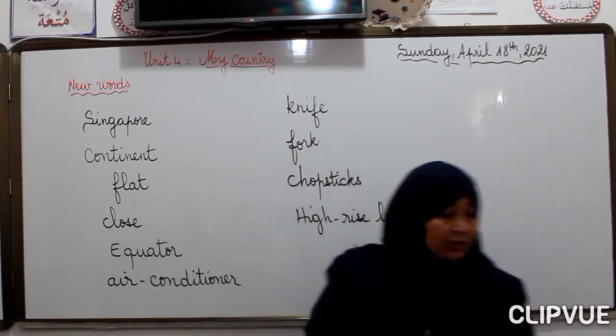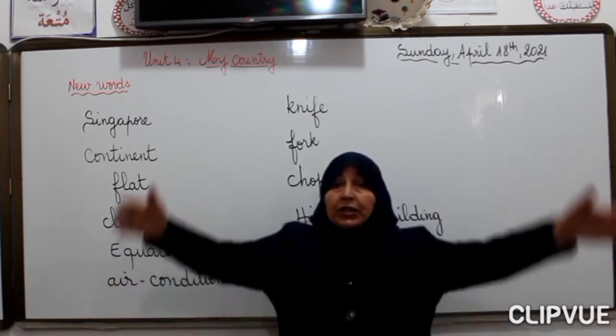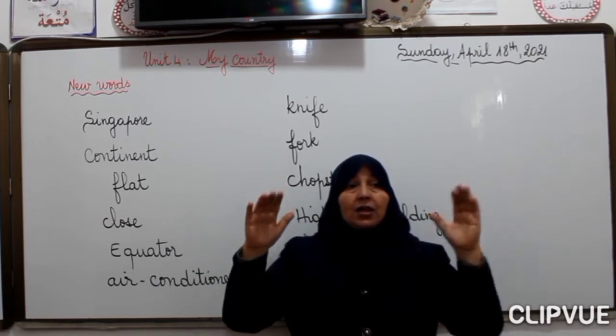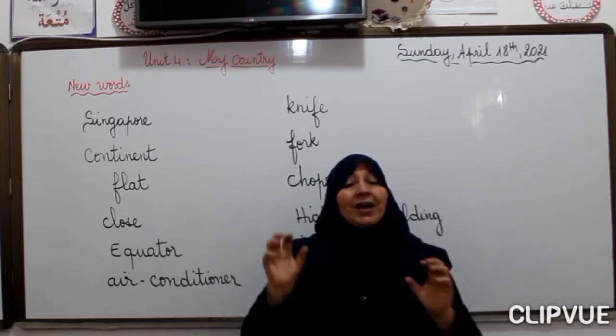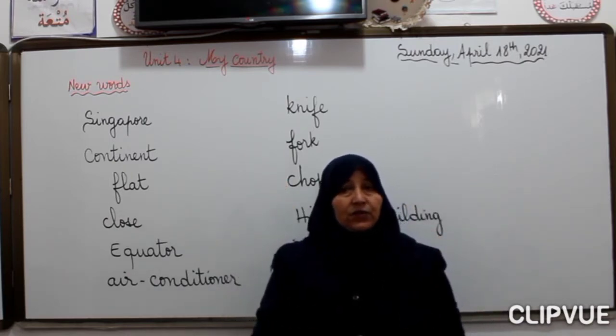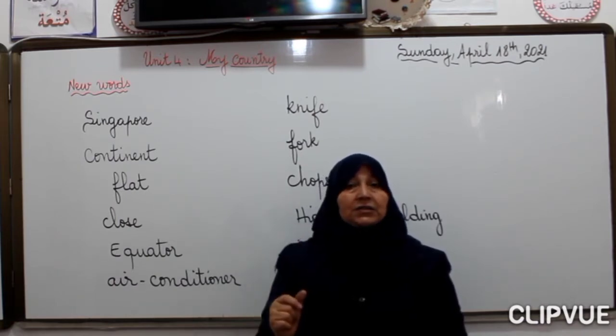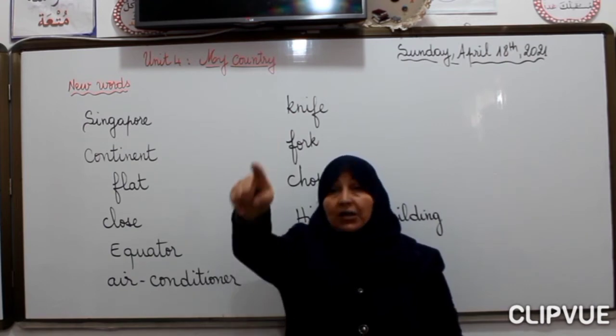Do you know what a building is? A building. Yes. In a building, there are a lot of flats. What is flat now? What is it in English? There is another word for flat. Apartment. Good, Asma.